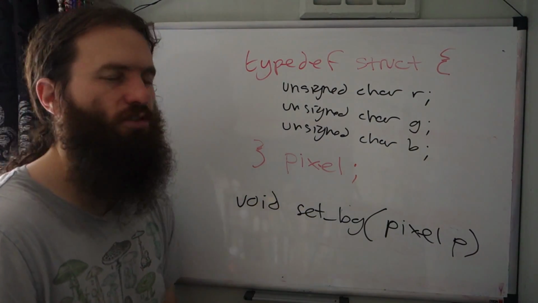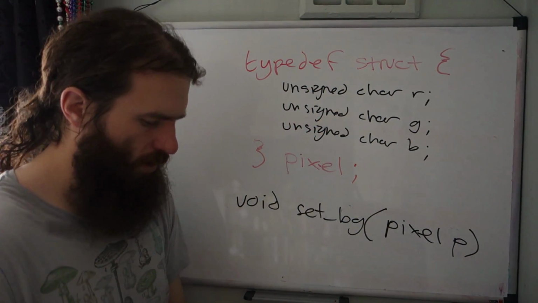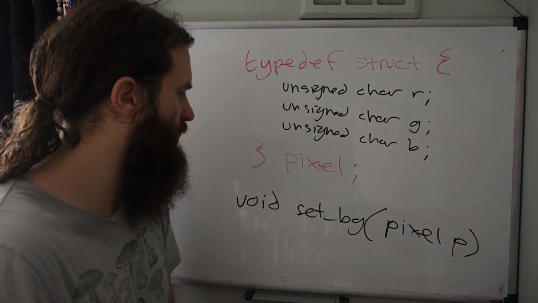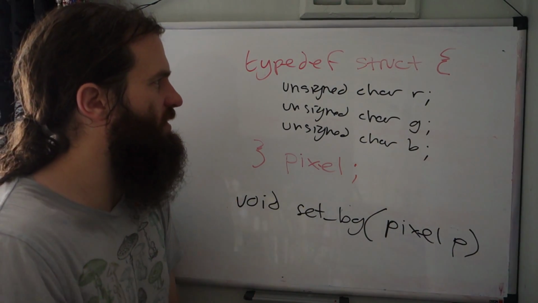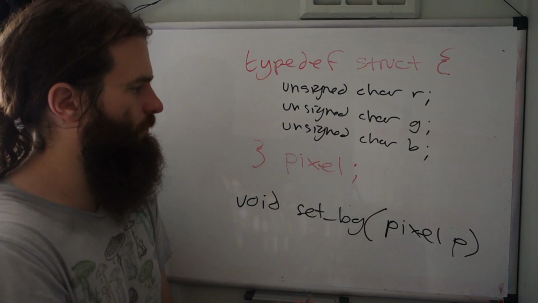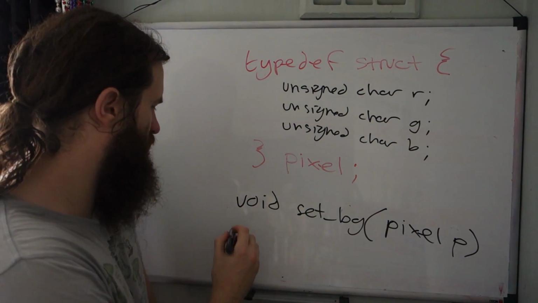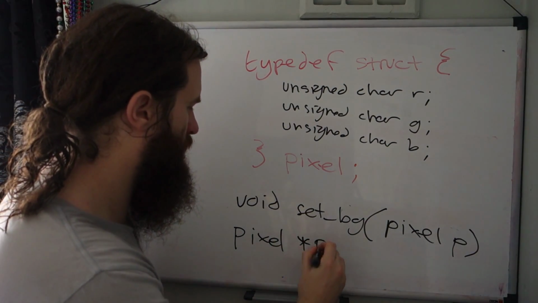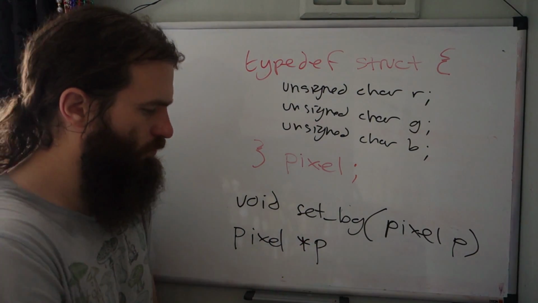It becomes really annoying, trust me, if you keep having to put struct everywhere. So I always typedef the struct whenever I use a struct. It's also a lot easier to do things like create a pointer to a pixel, because you would just say pixel *p, and then you'd know that was a pointer to a pixel.